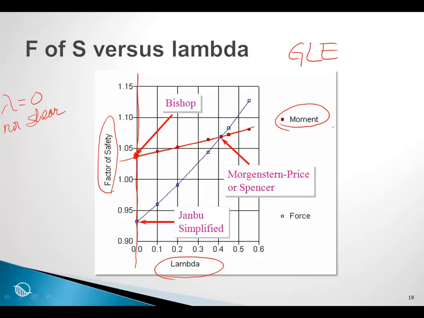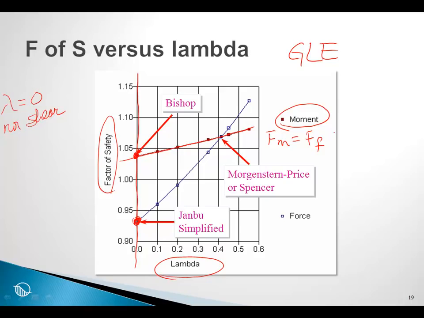Janbu's simplified method also ignored interslice shear, meaning lambda is 0, but satisfied only force equilibrium. Therefore, the Janbu simplified factor of safety falls here on this diagram. Morgenstern-Price or Spencer attempt to determine a lambda value such that the force factor of safety and moment factor of safety were the same.